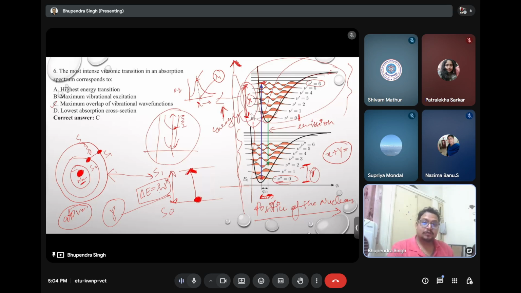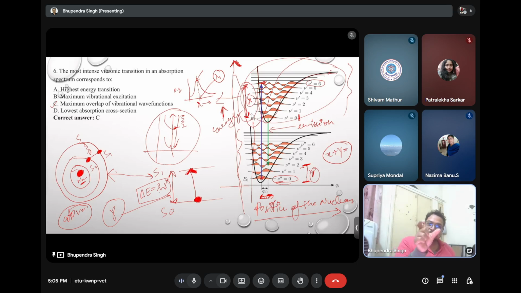But when you excite the electron from S0 to S1, the charge of the nucleus and the electron will be spread out. So the position of the nucleus will change. Actually, it will change. For the calculation, they have approximated that the position of the nucleus is not changing, but it changes.